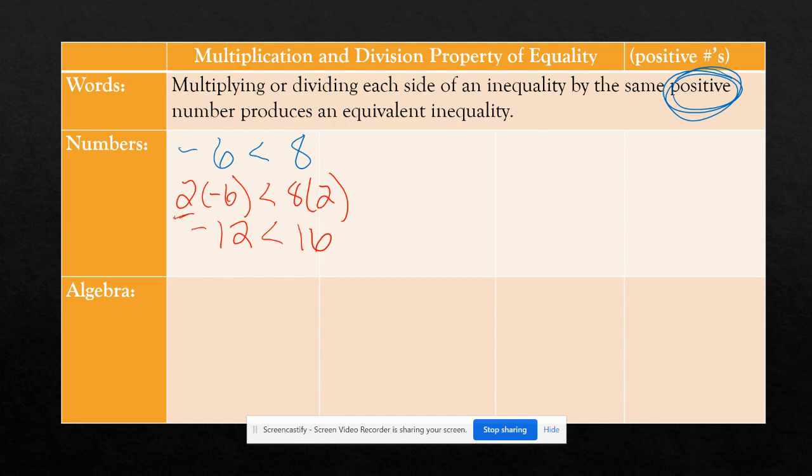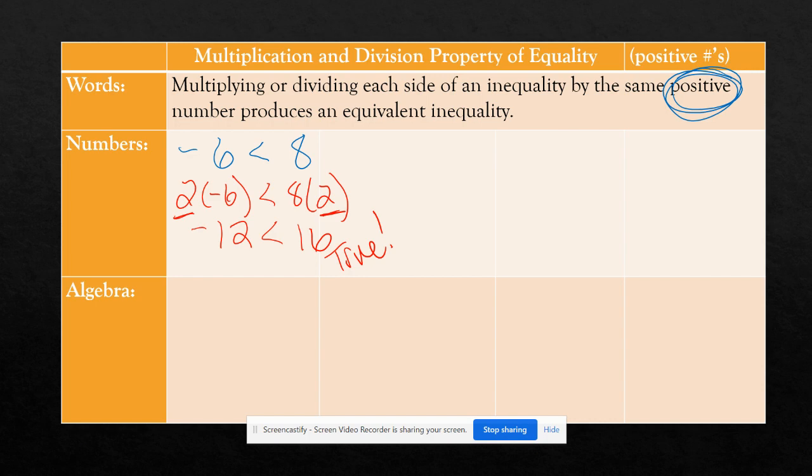We multiplied both sides by positive 2. So negative 12 is less than positive 16. This is true. And because we're doing the same thing to both sides, that's a property of equality.